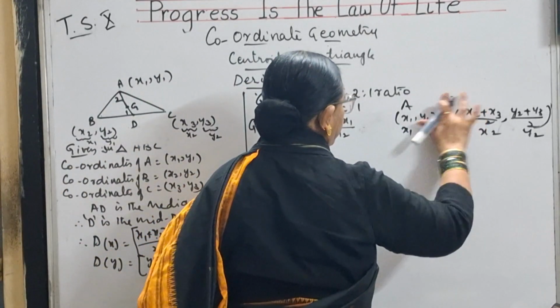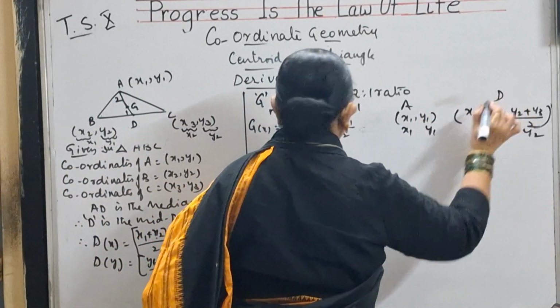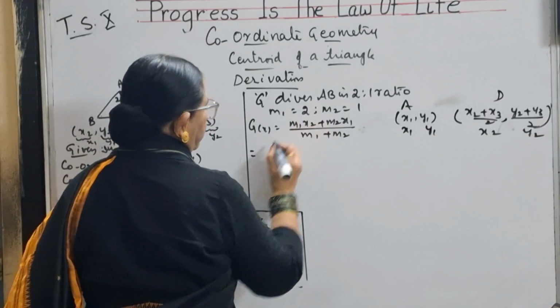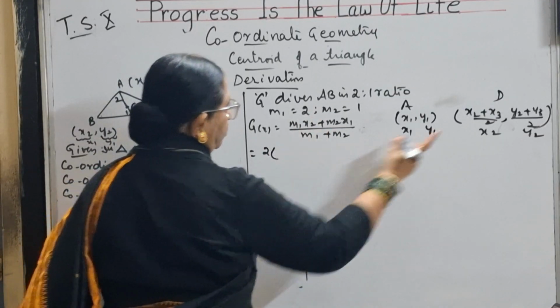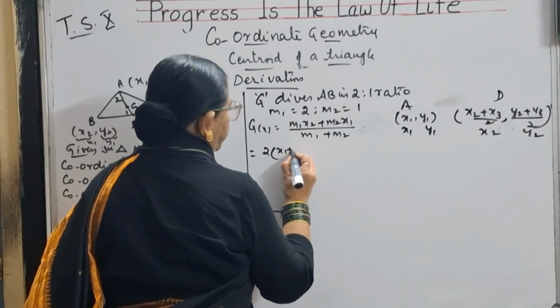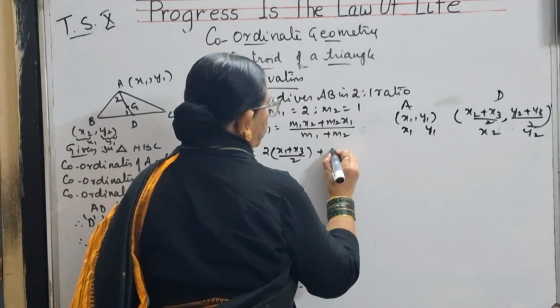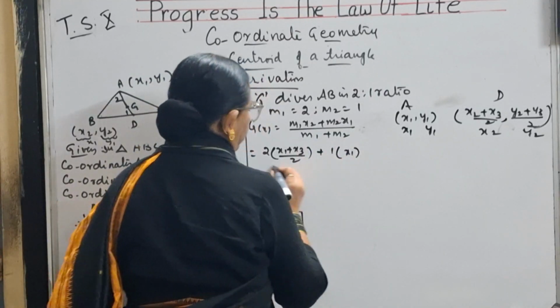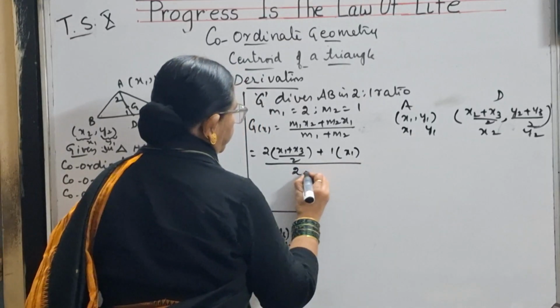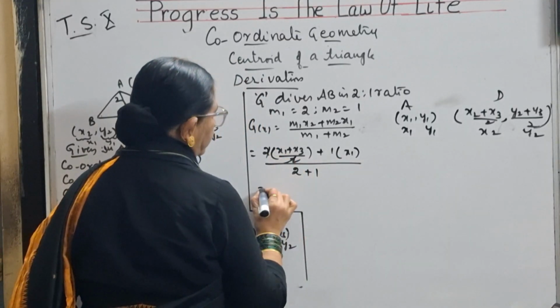So in this case, we are going to write m1 is 2 into x2. x2 is x1 plus x3 by 2, plus m2 is 1, x1 is 1, by 2 plus 1. 2 and 2 will get cancelled.